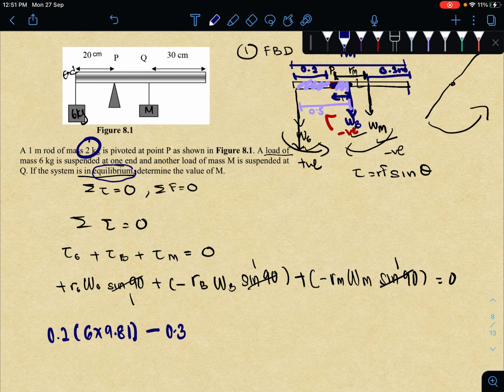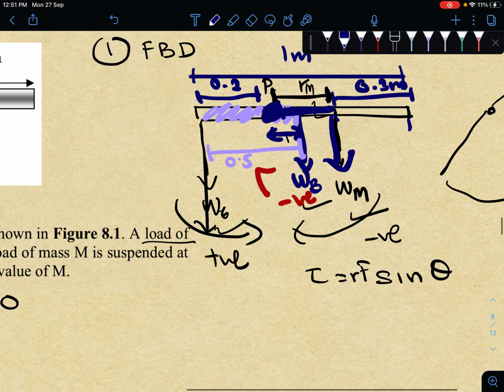Weight of the beam, dia kata beam kita mempunyai mass sebanyak 2 kg, so 2 darab 9.81. And then tolak lagi dengan jarak daripada pivot point sini sampailah ke your weight due to load M. Jarak dari sini ke sini. Okay, as you can see, the distance from here to here adalah 0.5 sebab weight of the beam ni acts at the center.